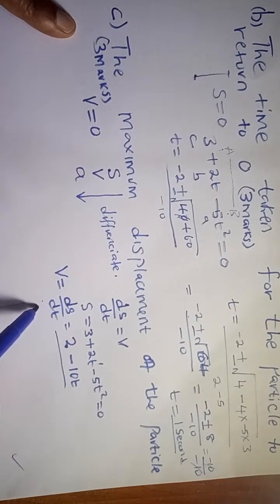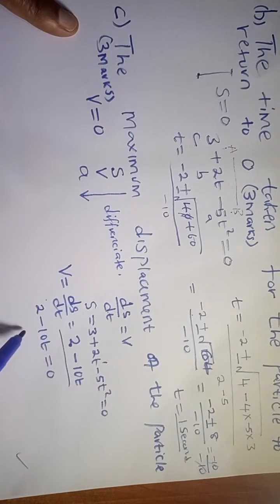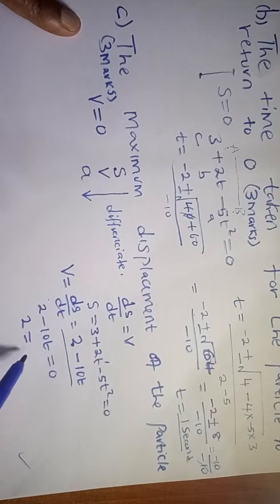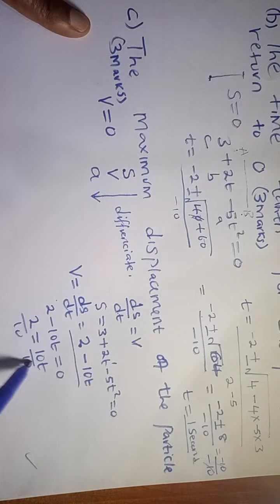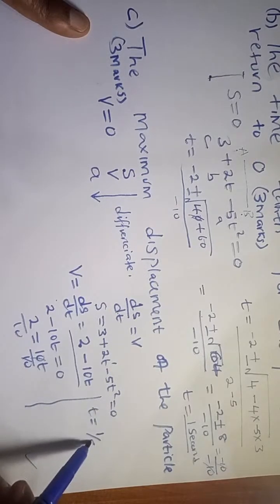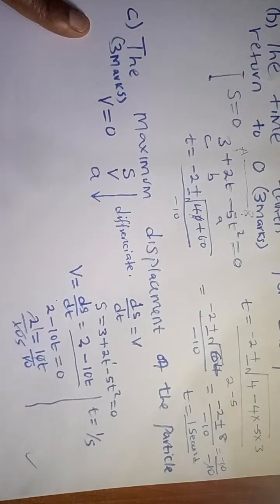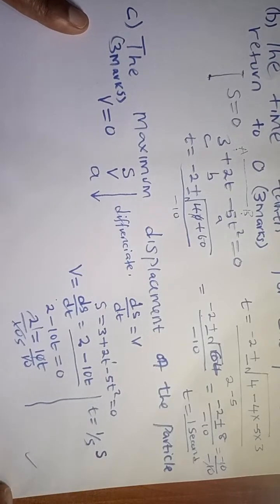So we say 2 minus 10t, the equation for velocity, is equal to 0. Therefore 2 is equal to 10t, dividing by 10 on both sides, we get t is equal to 1 over 5, the time taken to reach maximum height, which is 1 over 5 seconds.